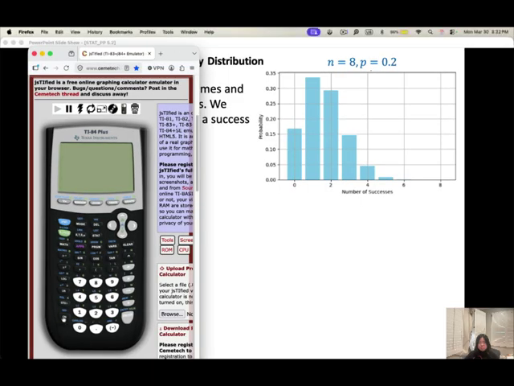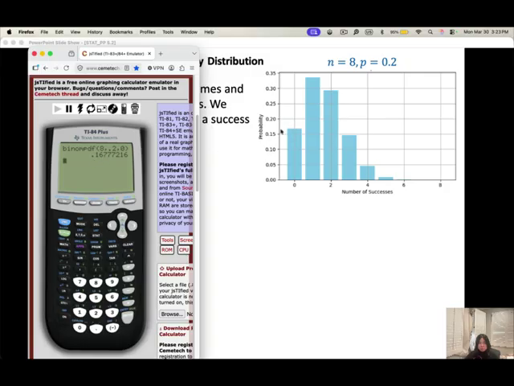Okay, so I could show you how to get this picture on the calculator. For example, I'm going to calculate P of 0. So I'm going to press 2nd VARS, binomPDF. We have 8 trials. Probability of success is 0.2. X equal to 0. You're going to see my probability of P of 0 equal to 0.1677.